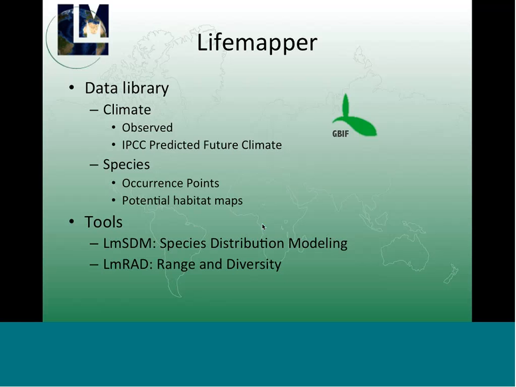The first module is species distribution modeling. We call it LMSDM. That's for mapping the potential distribution of individual species. And then the second module is LMRAD, or range and diversity. And that's for looking at landscape level ecology with multiple species.